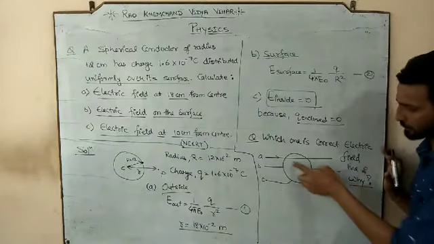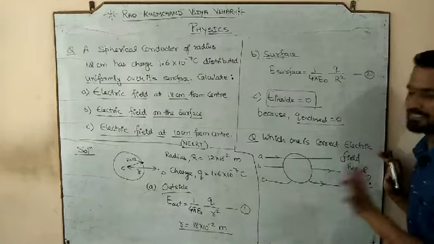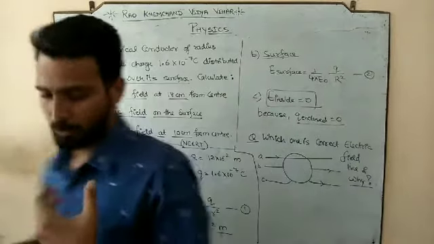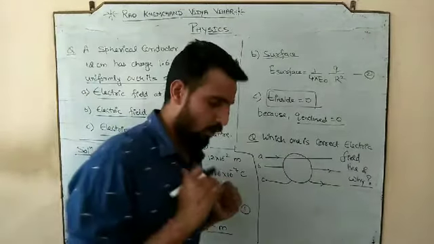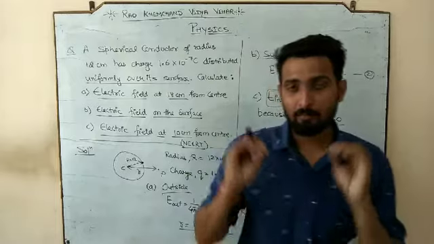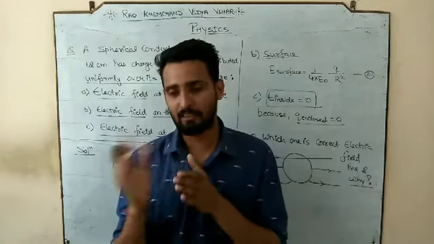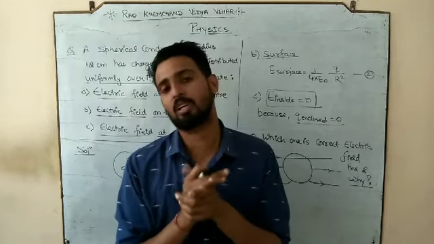B can be because inside it has not been drawn, and C can be. So the answer would be out of B and C. But which is correct? If you recall the properties of electric field lines from that lecture, turn to your notes where you made them.